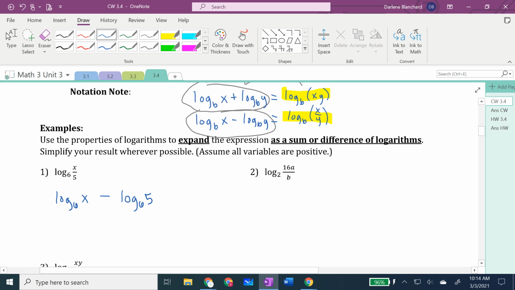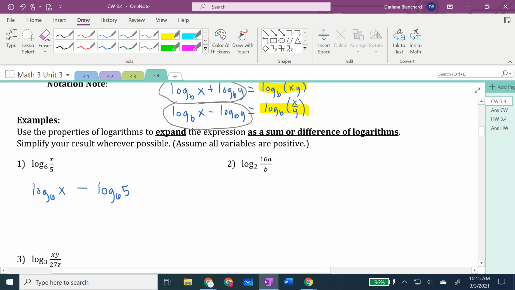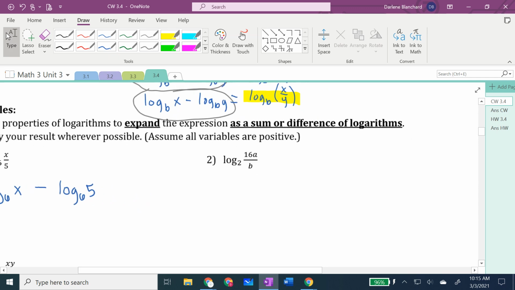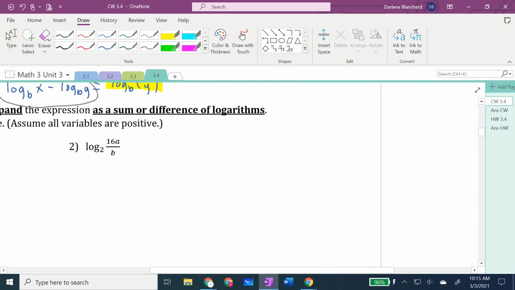That is expanded. If you see how to expand without showing steps, I'm okay with that. Some of you are going to see that. I'm going to do the problems in a step-by-step process so I don't lose anyone.